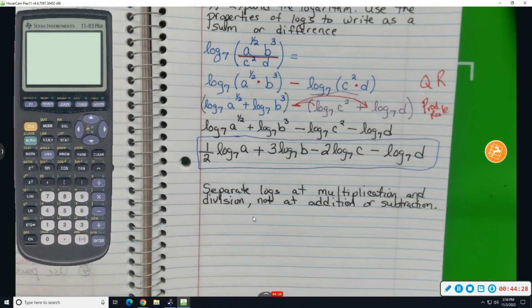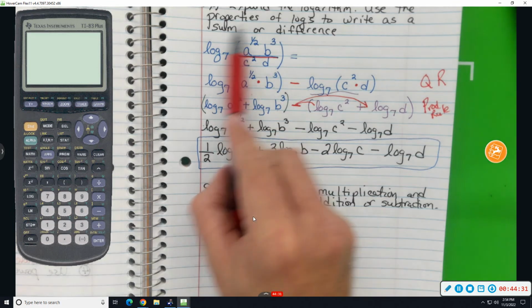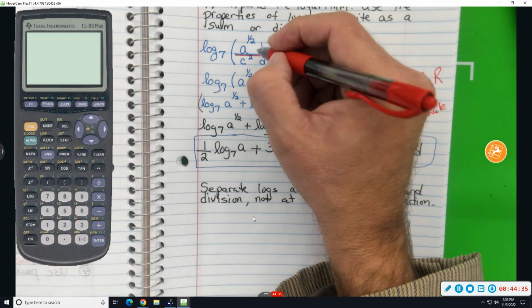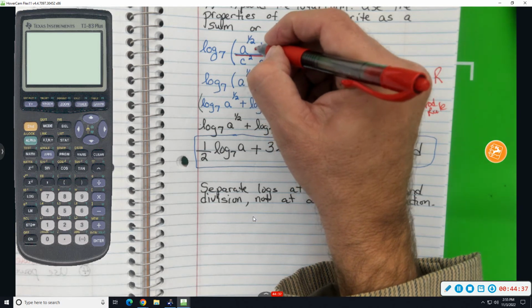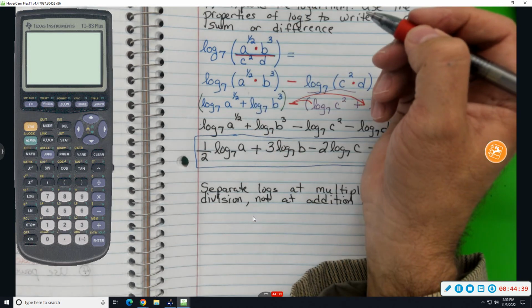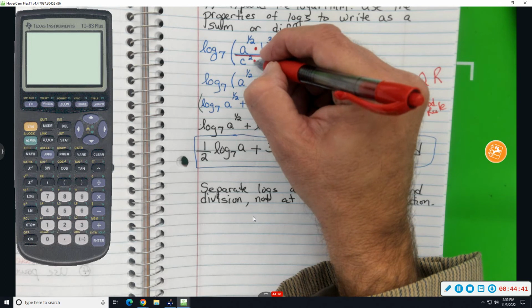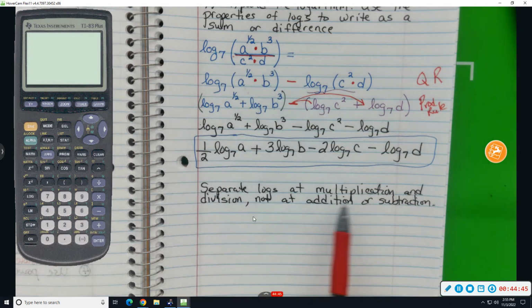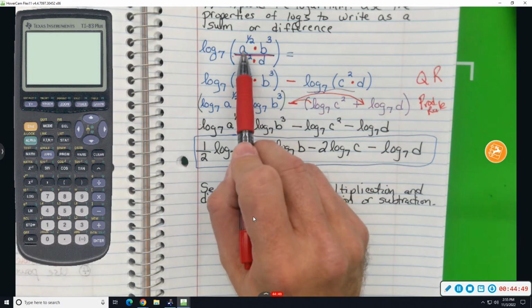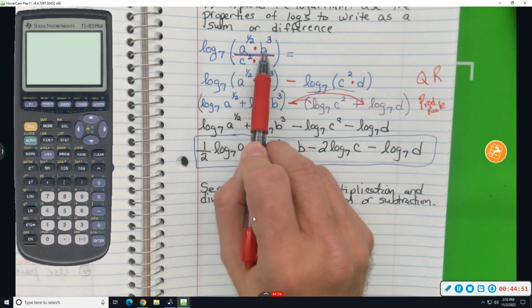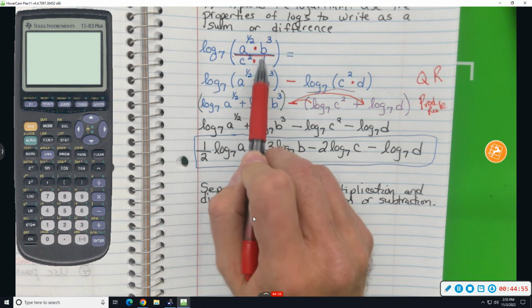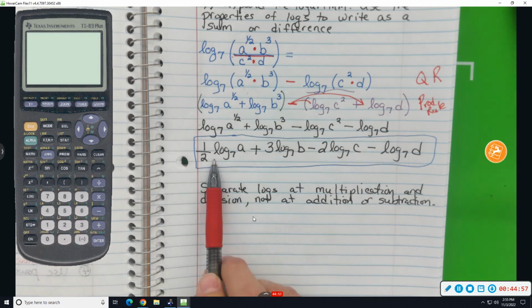If we look at this original problem, I'm going to put the red dots wherever there's multiplication. That would be here. Where else is something being multiplied? Right here. And then there's the division. You separate at multiplication and division. So if I separate here 1, 2, 3, 4, it's going to separate into 4 logarithms.